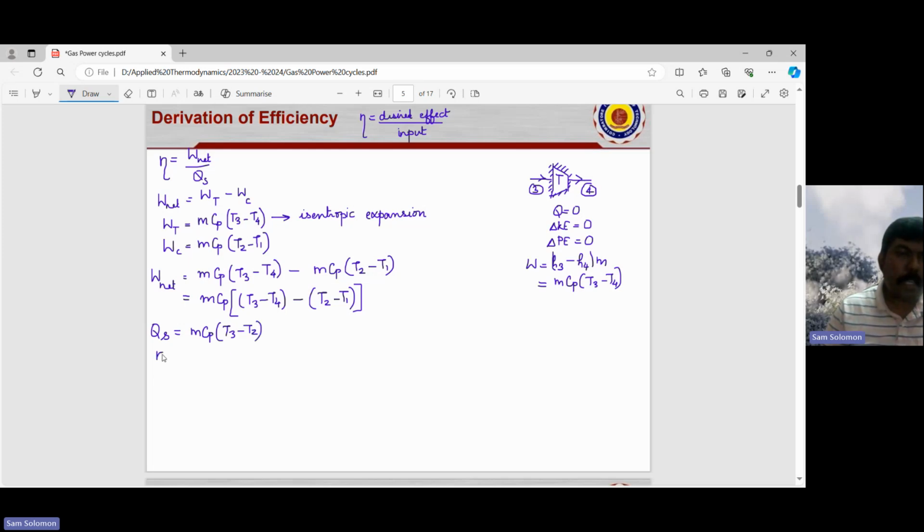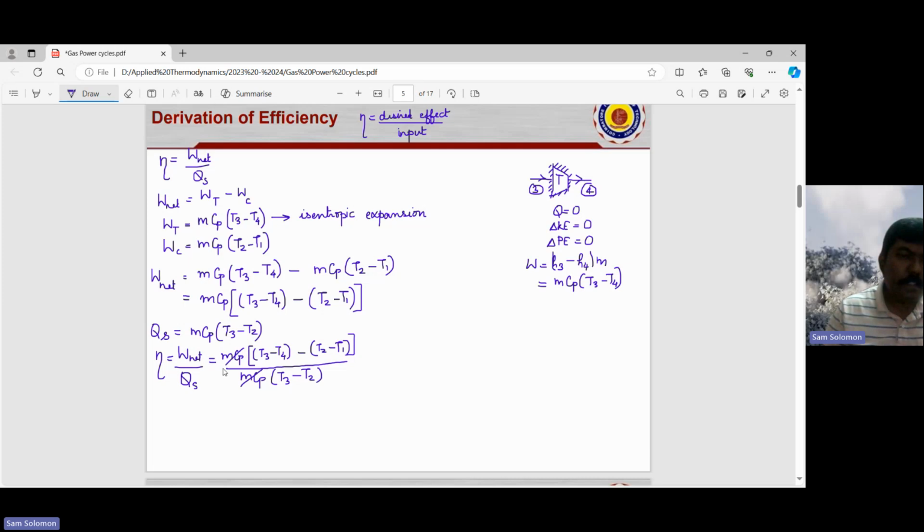Now if we apply the equation for efficiency, which is W net divided by the heat supply, what you have is m Cp times (T3 minus T4) minus (T2 minus T1) in the numerator, and in the denominator we have m Cp times (T3 minus T2).